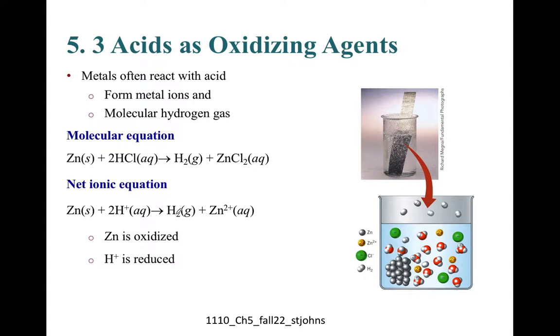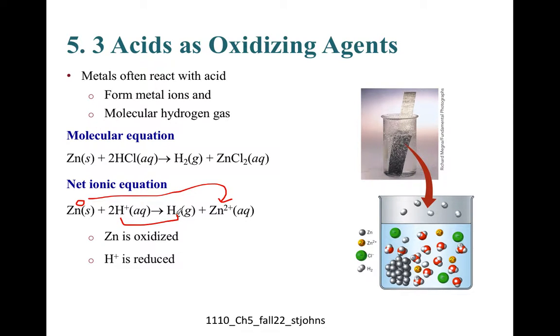Here, zinc, with charge 0, is oxidized to zinc ion, whereas hydrogen ion is reduced to hydrogen gas.